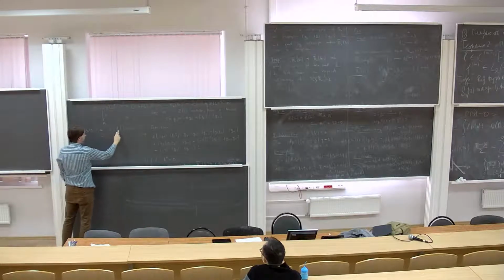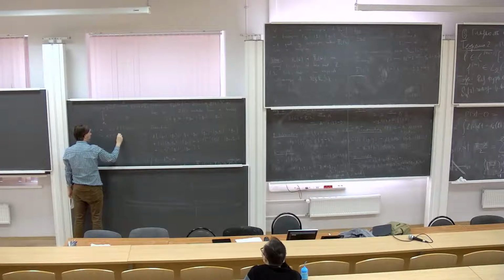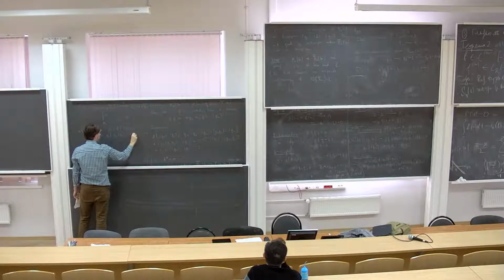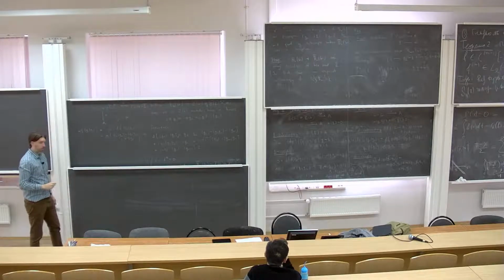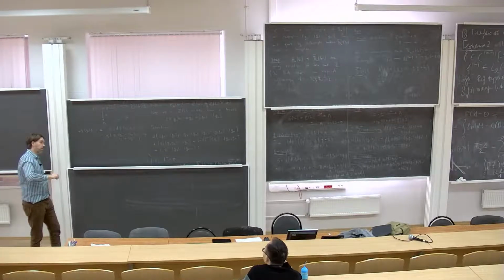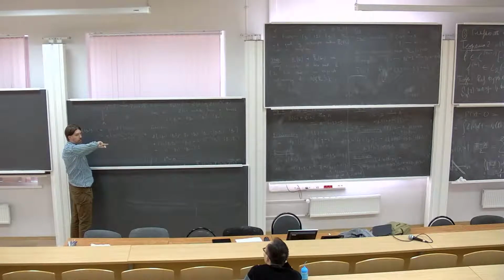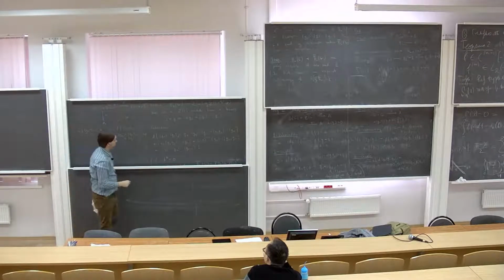And then I have a formula for this: beta of G1, G2 minus G1, G2 plus G1. One of them is D in the cochains, and one is D in the resolution.